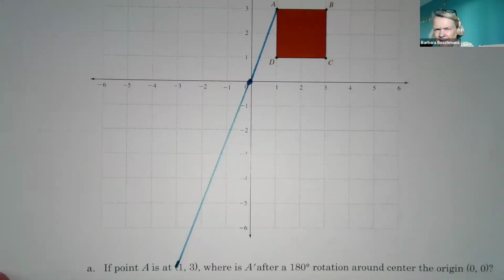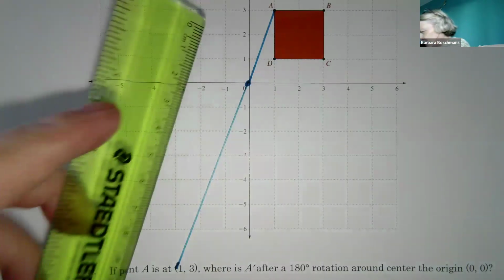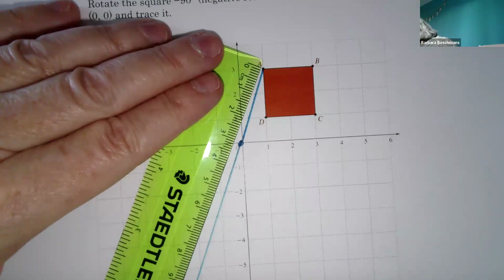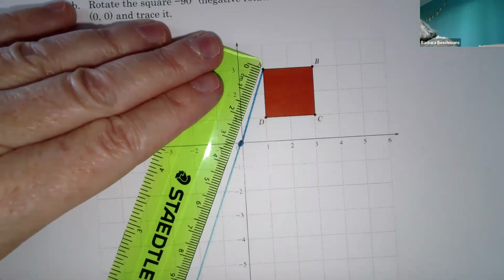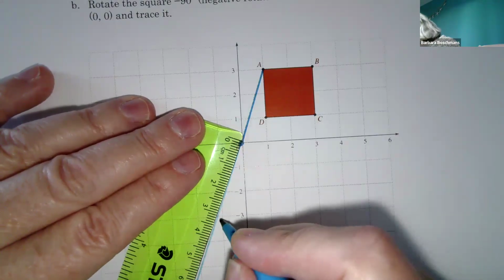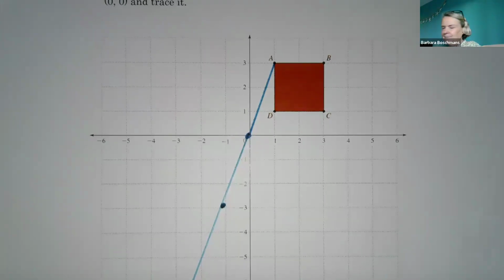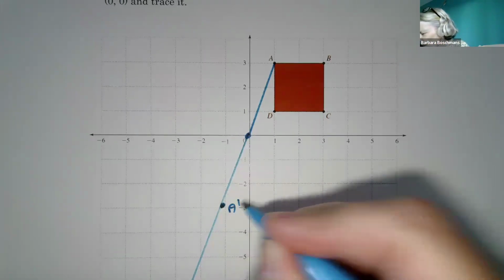So I measured 180 degrees, and I made a little mark down here, and then I connected it, but I knew it'd be a straight line. To figure out where A prime goes, you actually measure the distance. So from A to that center, that's about 3, and about 3 would be about right there. So this would be my A prime.